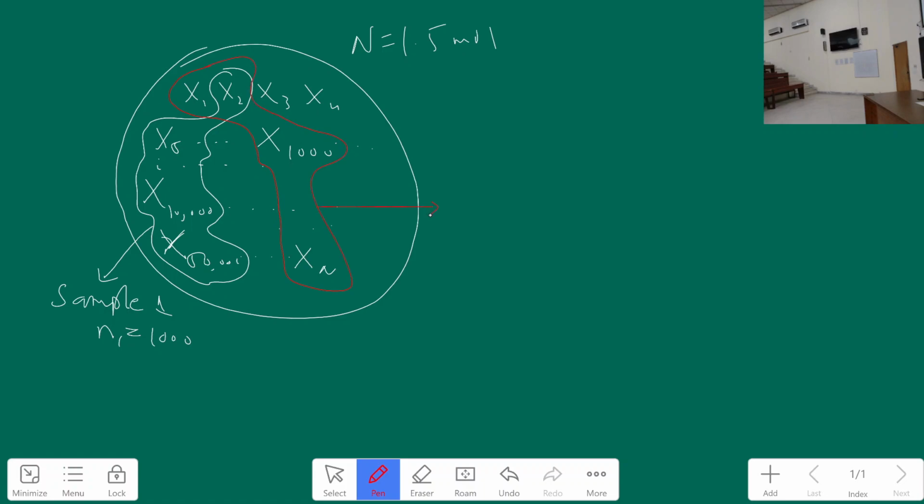This one is sample 2 with some size n2. Even if the two sizes are the same, the samples themselves are different.